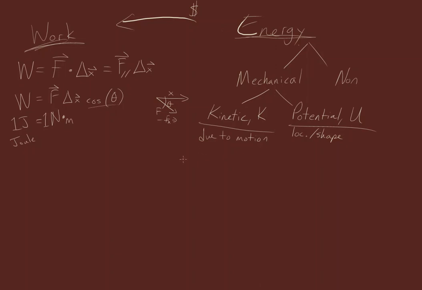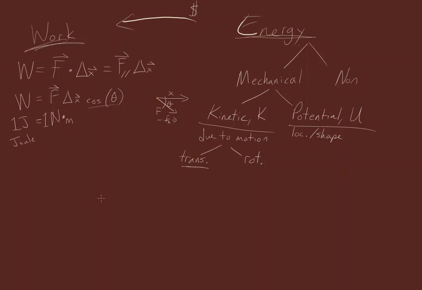Classically, it's the only kind of energy that a single object can have because we just need one object to move. And we break that down into translational and rotational. And we're going to focus on translational today.